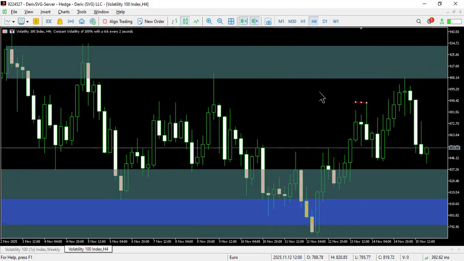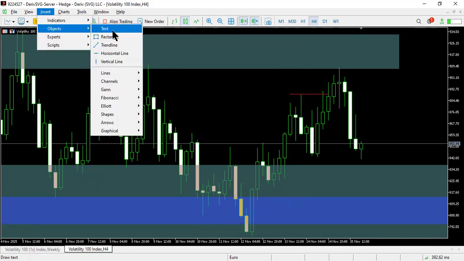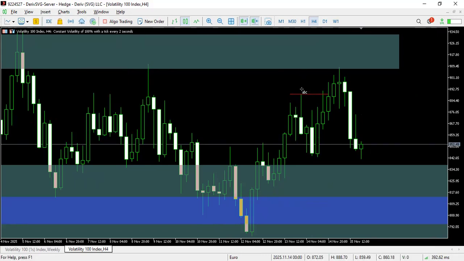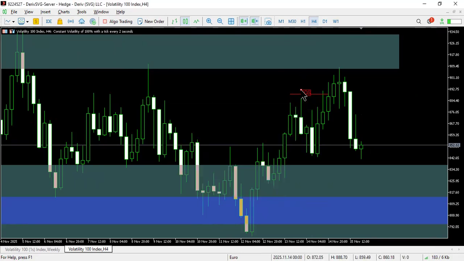You can also see a break of structure here. I can see a break of structure.